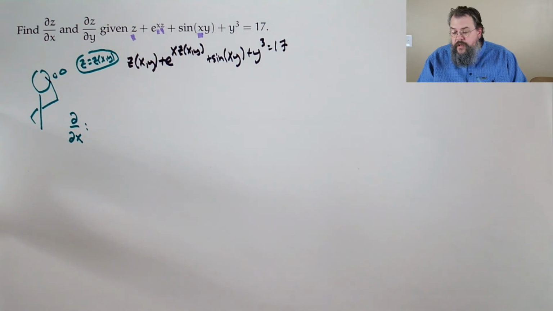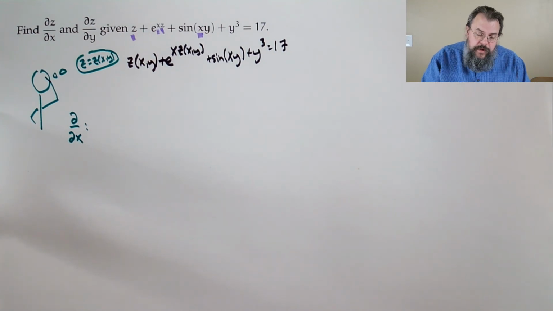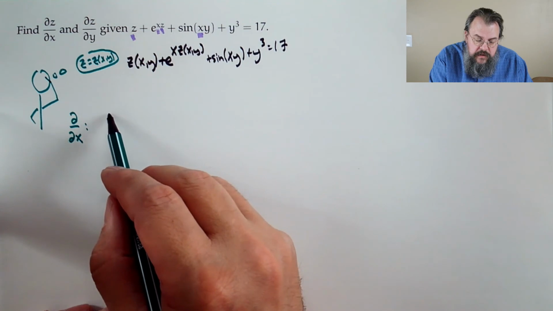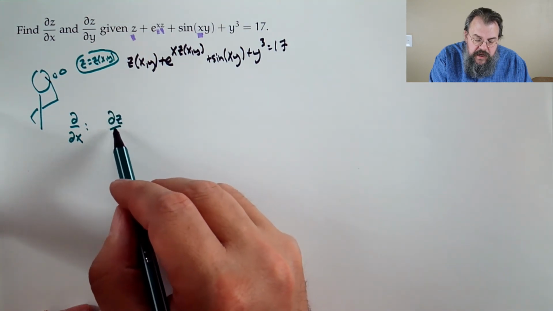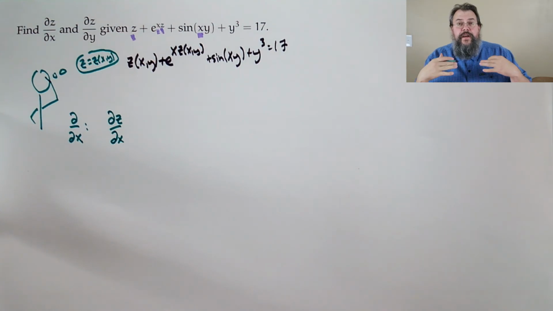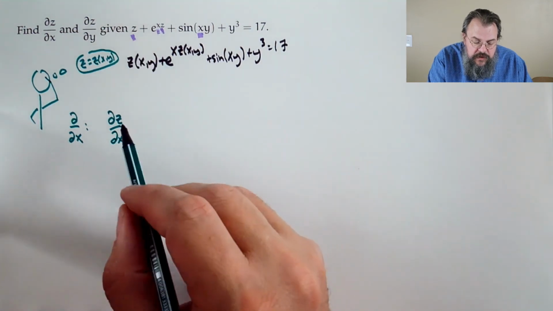All right, so now we know. So we go through term by term. And what do we have? Well, the derivative of z with respect to x is the derivative of z with respect to x. Exactly. It's something. We know z depends on x, we just don't know exactly how, so we call it partial z, partial x. Here, we use the chain rule.